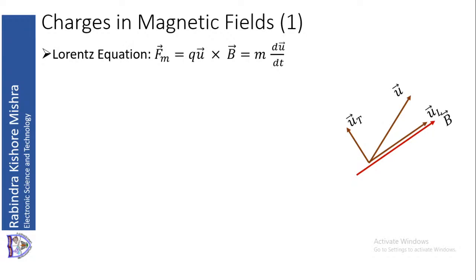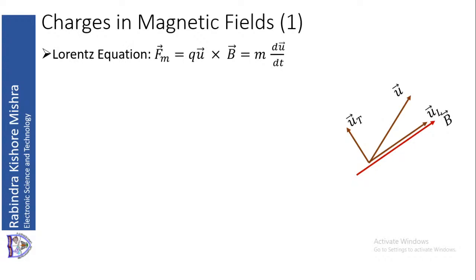The force experienced by the charge is Q into u cross B, if it is in a magnetic field, so it will be Q u cross B. Q is the charge that is moving, u is the velocity of the charge, and B is the magnetic field. So this is the Lorentz equation.